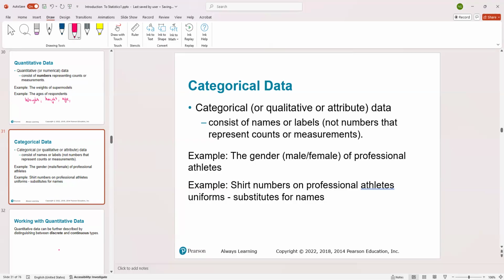Shirt numbers on professional athletes, even though those numbers on the back of the jerseys are numbers, they are not really numbers, right? They are mostly attributes or labels. And also your social security number is not quantitative data, all right? So it's mostly categorical or qualitative data. Your telephone number, even though it's a number, is not technically a number, it's a label, so attributes.